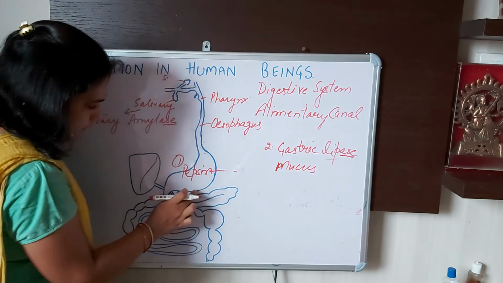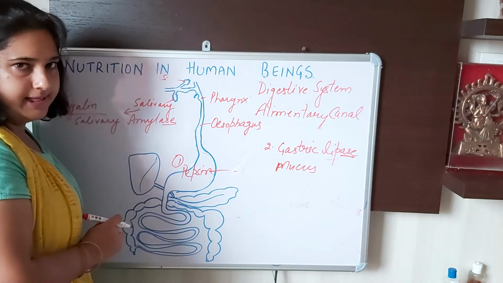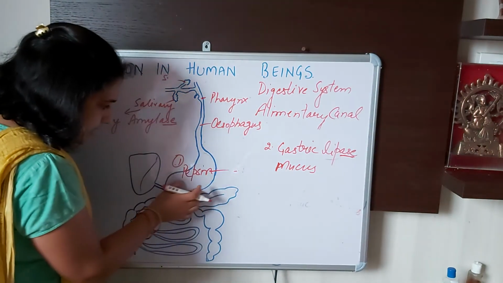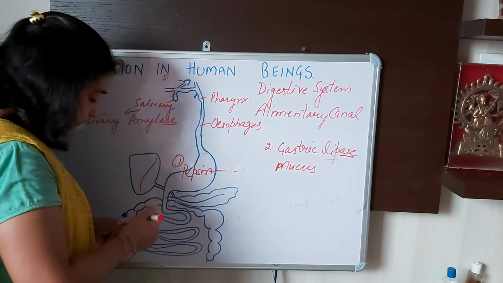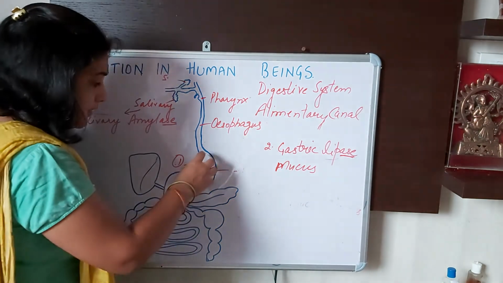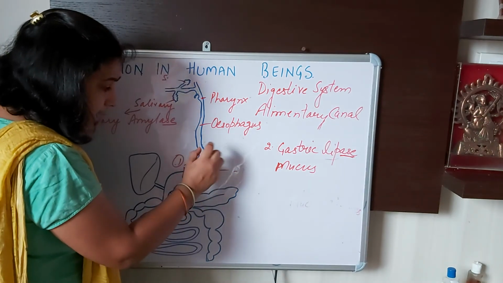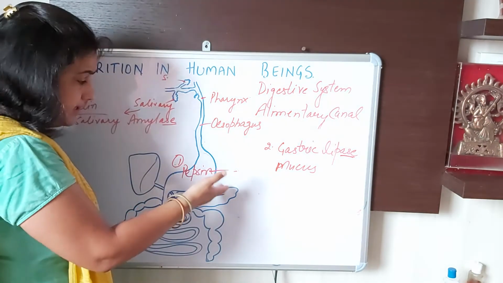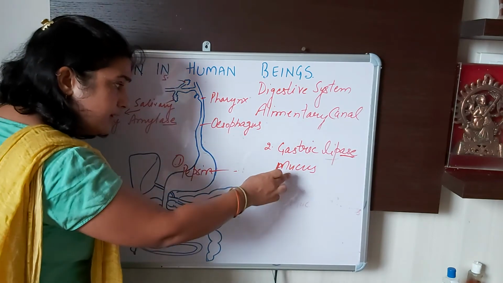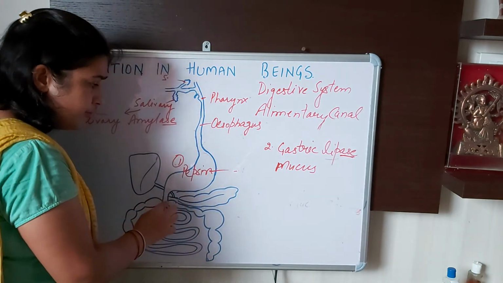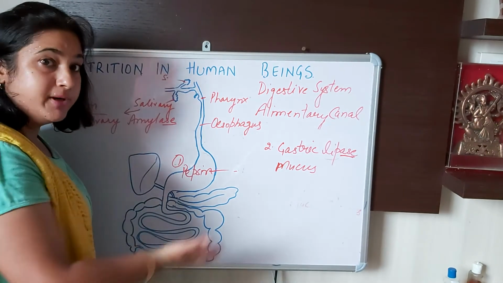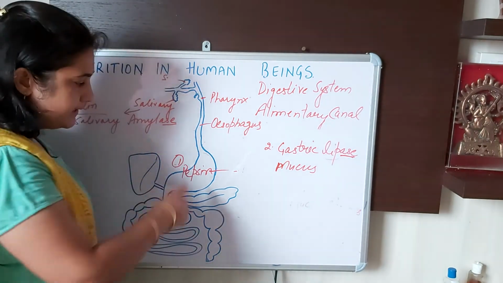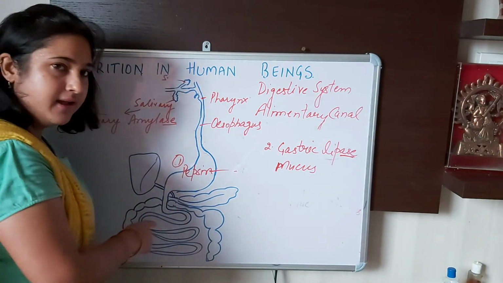The inner lining of the stomach is provided with a mucus lining. This mucus lining protects the stomach lining from corrosion. If there is hydrochloric acid in the stomach, this mucus lining helps in preventing the degradation of the stomach lining by its own hydrochloric acid. Otherwise, hydrochloric acid will damage the lining.